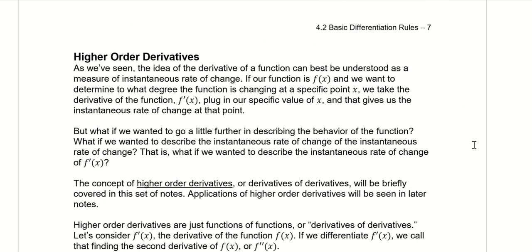So the last thing I want to talk about here is this idea of higher order derivatives. So let's go back to what we talked about in the previous set of notes and the start of this set of notes, which is the idea is the derivative of a function is a measure of instantaneous rate of change, specifically the instantaneous rate of change of the function.